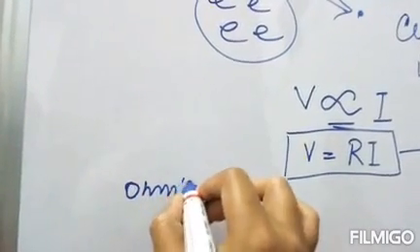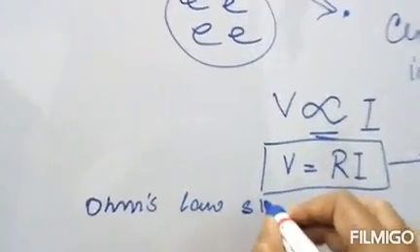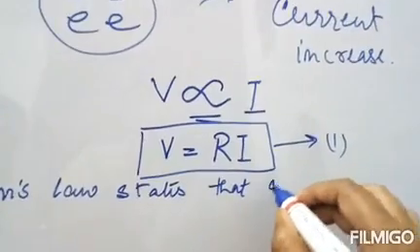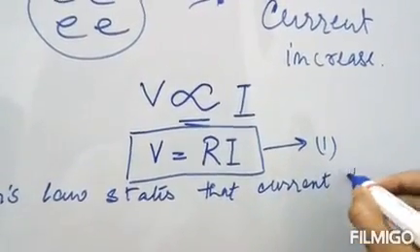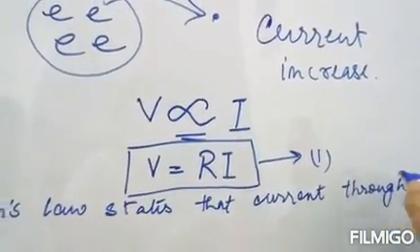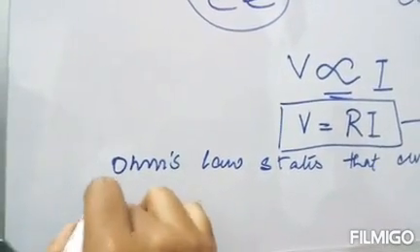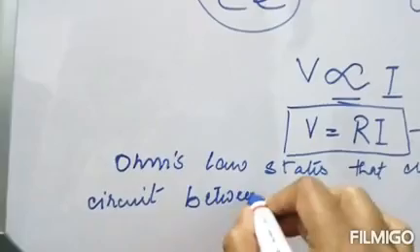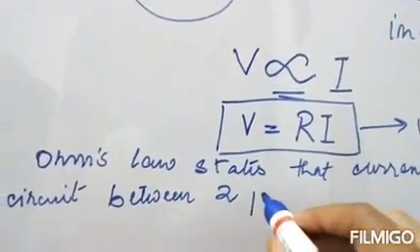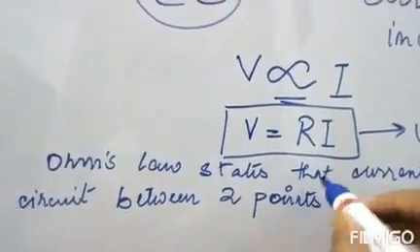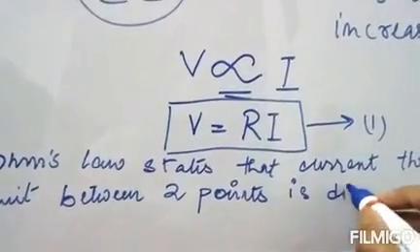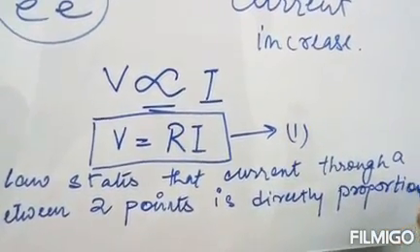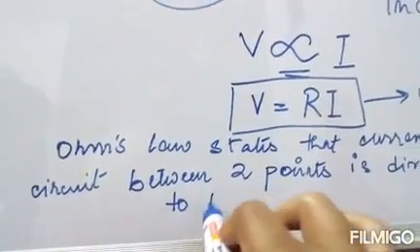Ohm's law states that current through a circuit or conductor, I'll say circuit only, between 2 points is directly proportional to the potential difference.